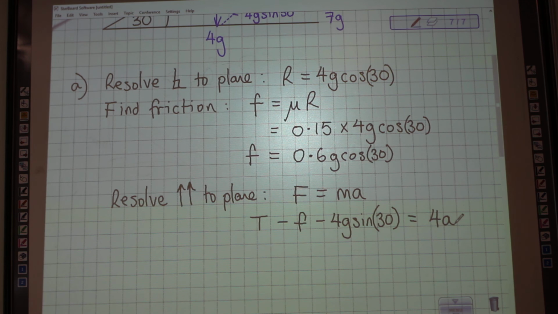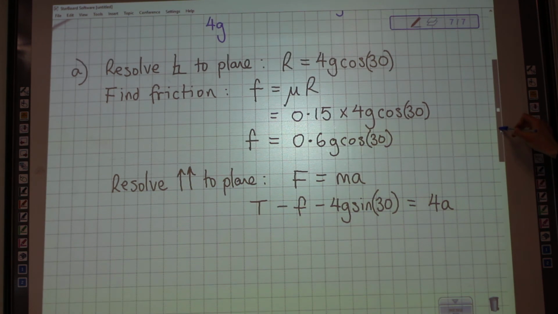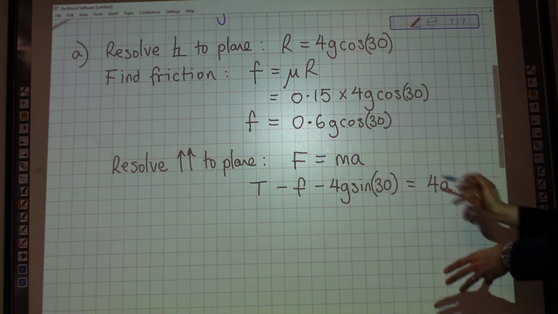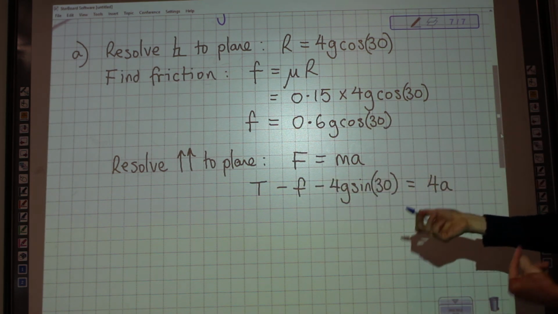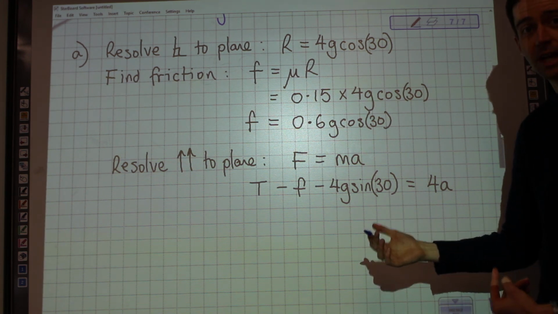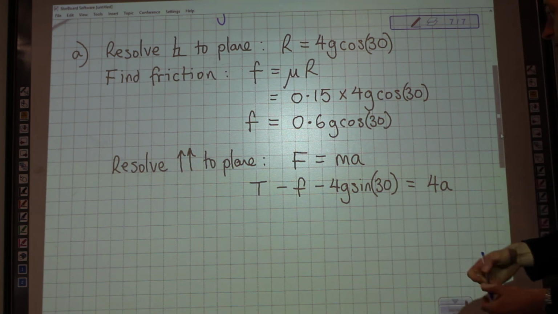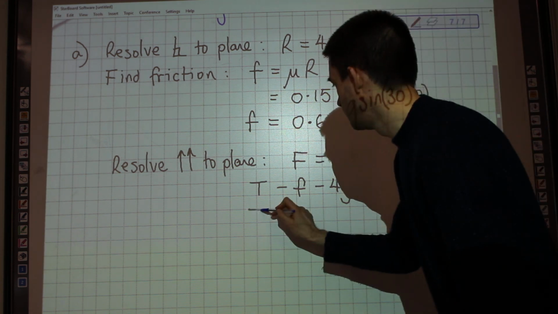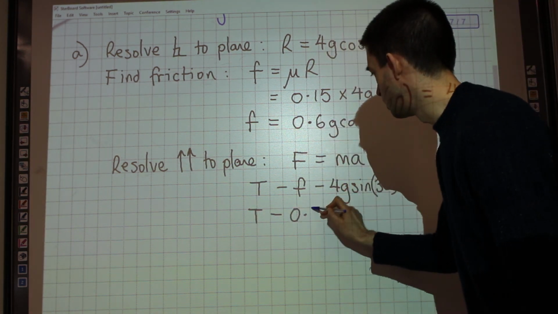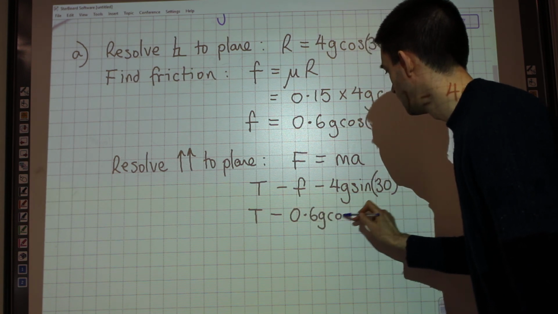So it's 4a. And I can now get all this to be T minus a single value. And this will be my first equation of motion that will help me ultimately to find out T and a as numbers. So, T minus friction, we know, is that. It's 0.6 g cos 30.